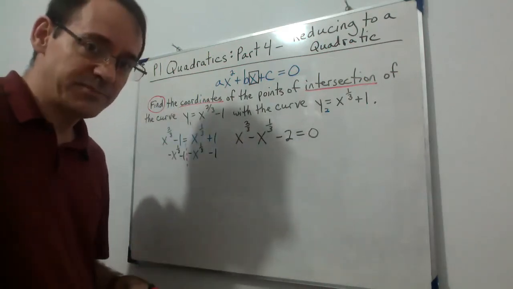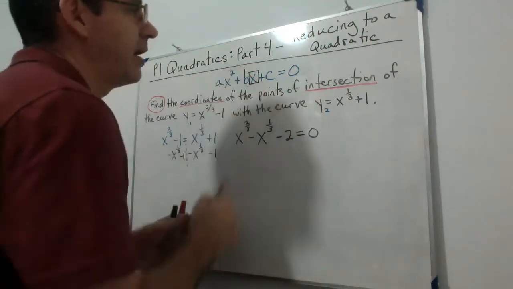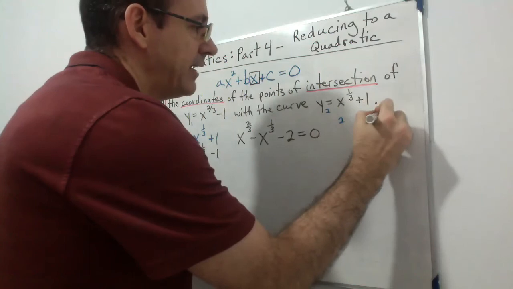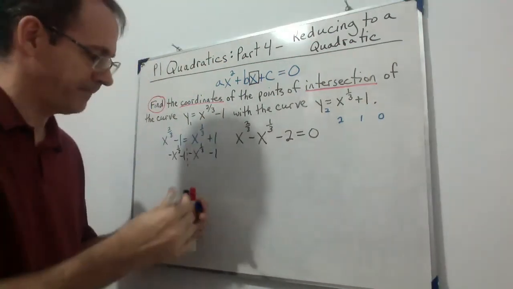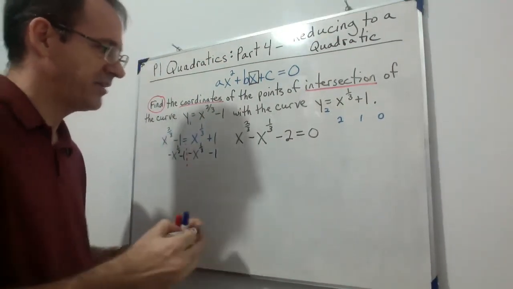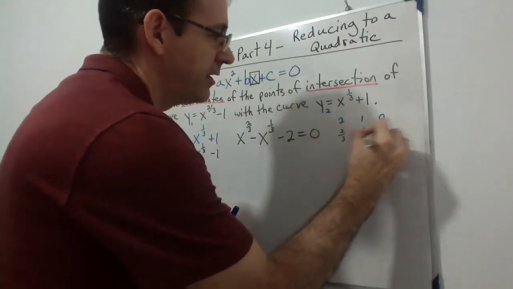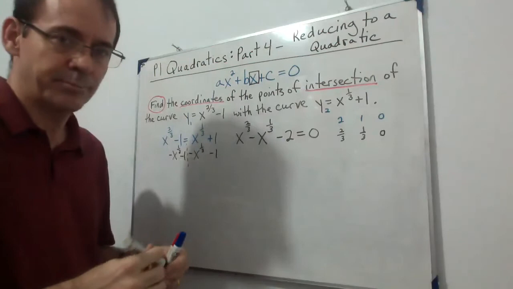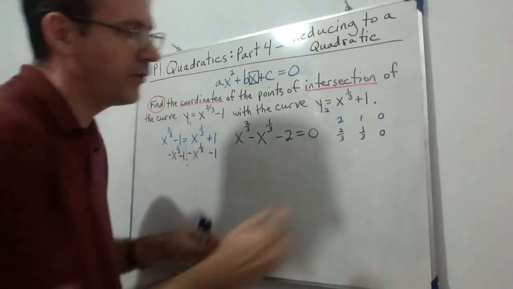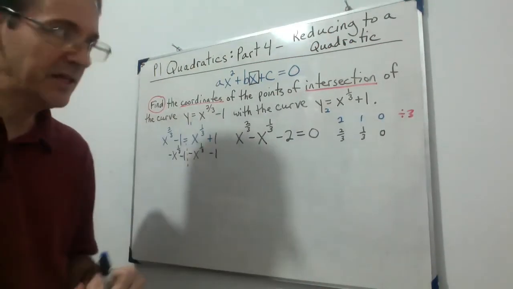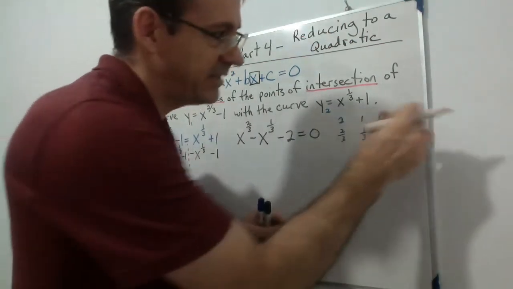Well, let's make a little test. We know that our normal quadratics follow a 2, 1, 0 exponent pattern. And let's see what this has. This has a 2/3, 1/3, 0 exponent pattern. What do you know? All you're doing is dividing by 3. So it is a multiple. I said divide by 3.